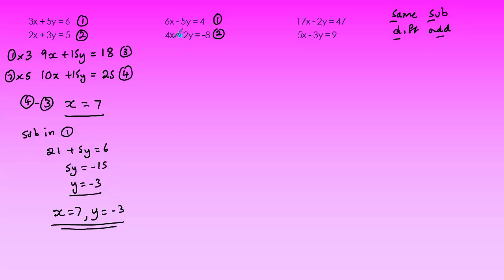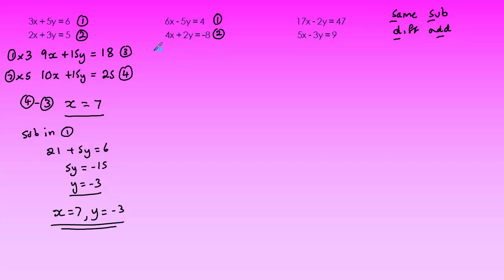Now, if we want to get the same number of y's, multiplying the top equation by 2 will give me 10y's, multiplying the bottom equation by 5 will give me 10y's. Note where I get that from. I've got 2y's in the bottom one, so multiply the top by 2, 5y's here, so multiply the bottom one by 5.